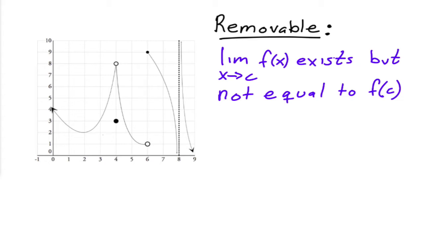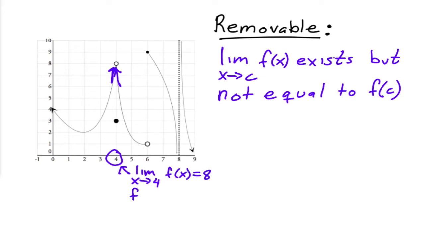So if you look here, you ask yourself, okay, where does the limit exist, but it's not equal to the value of the function? Well, that would be right here, because notice that the limit as x approaches 4 from the left and the right, from both directions, is equal to 8.